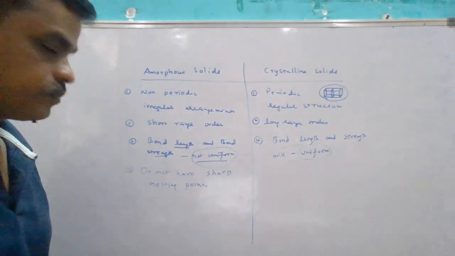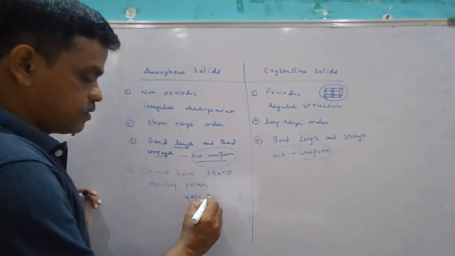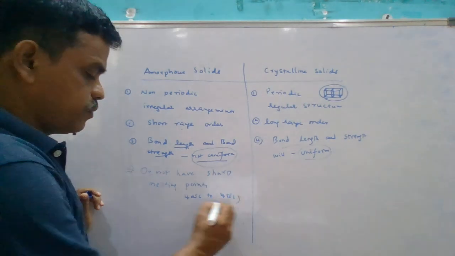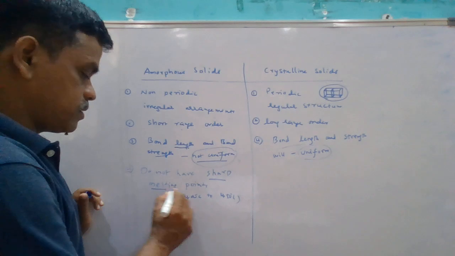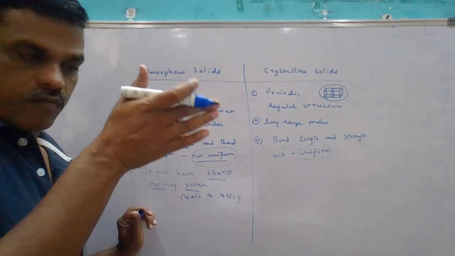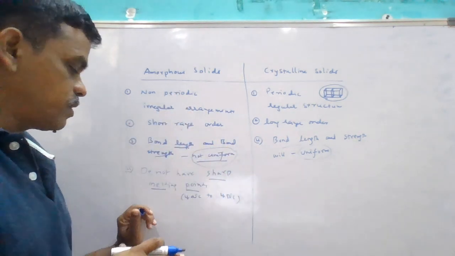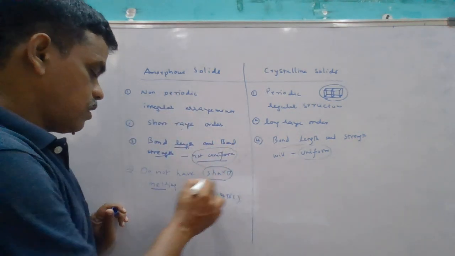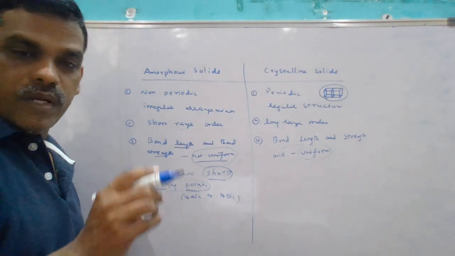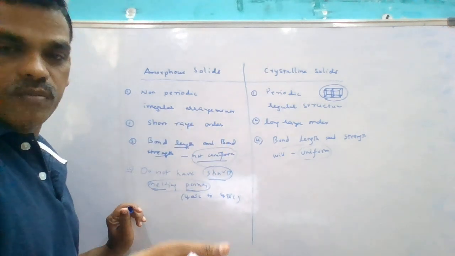That means, for example, 400 degrees Celsius to 450 degrees, that means sharp melting points. So the melting point should be at a particular point, the melting point will sharply decrease or sharply increase. That means do not have sharp melting points. At a particular point, the melting temperature is not abruptly falling or abruptly increasing.